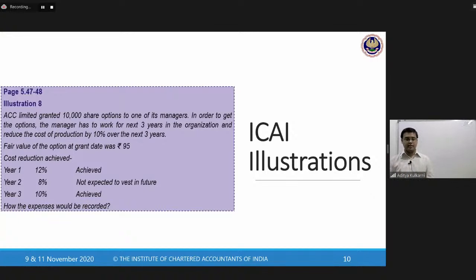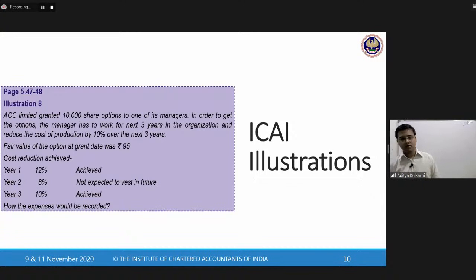Cost reduction achieved at the end of year 1 is 12%. So you expect that it will be achieved over the next 2 years also. At the end of year 2, cost reduction achieved is 8%. Therefore, you think that the options are not expected to vest in the future. This is interesting; when we do the year 2 expenses, we will come to know.